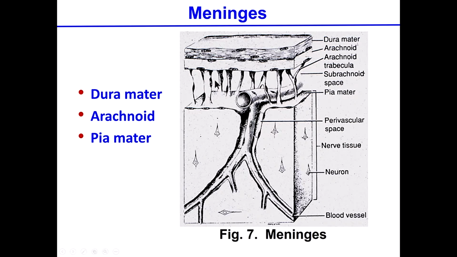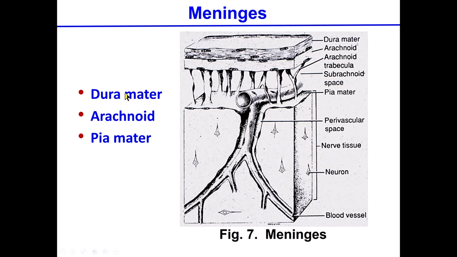In case you bump your head against something, it's going to act like a little rubbery system that prevents you from hitting directly into the brain itself. They contribute a system of protection.